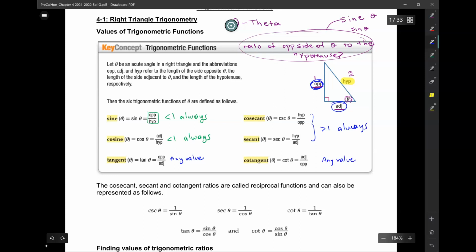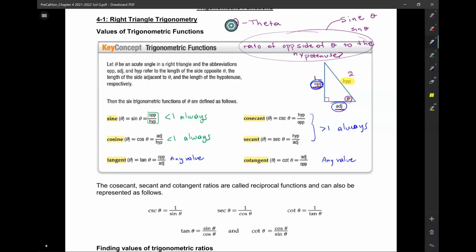If you look at the sine, it's opposite over hypotenuse. And cosecant is hypotenuse over opposite. So we went from here to here. We took the reciprocal, not the inverse. Please don't say inverse. Often students confuse the word inverse and reciprocal. That's cool if you're just anybody, but for a sophisticated math student, that's not cool.